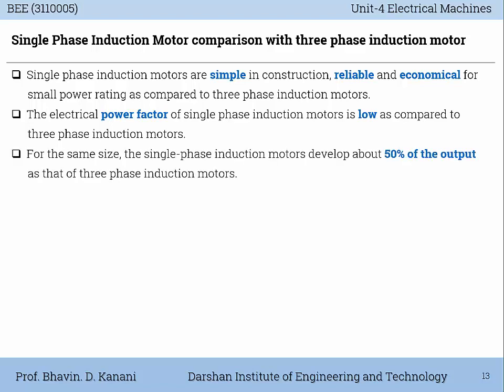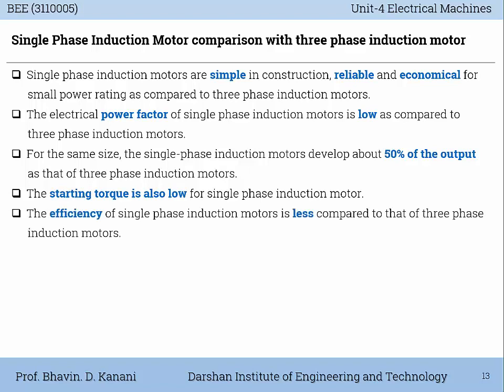For the same size, single phase induction motors develop about 50% of the output of three phase induction motors. The starting torque is also low for single phase induction motors. The efficiency of single phase induction motors is less compared to that of three phase induction motors.